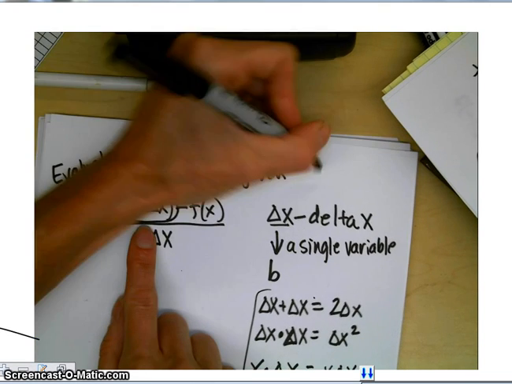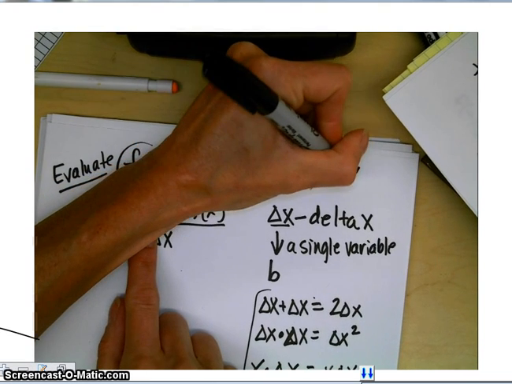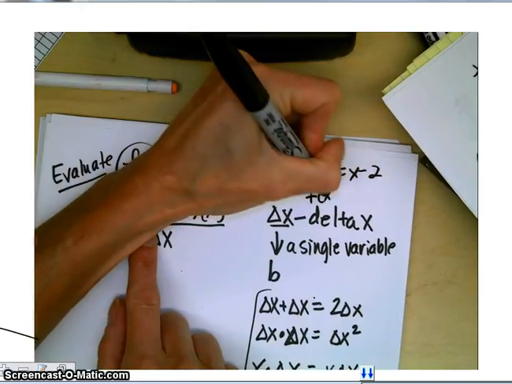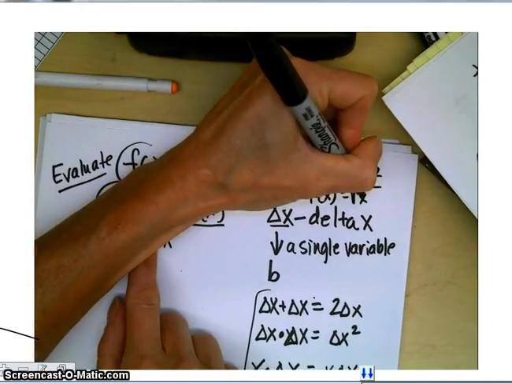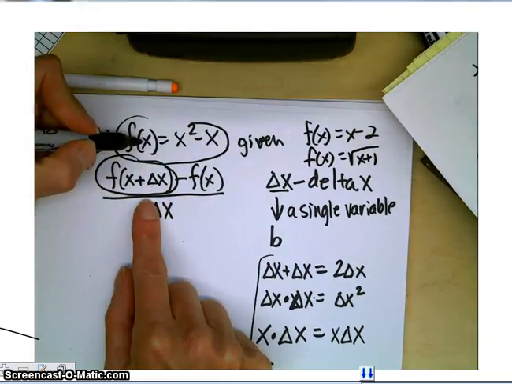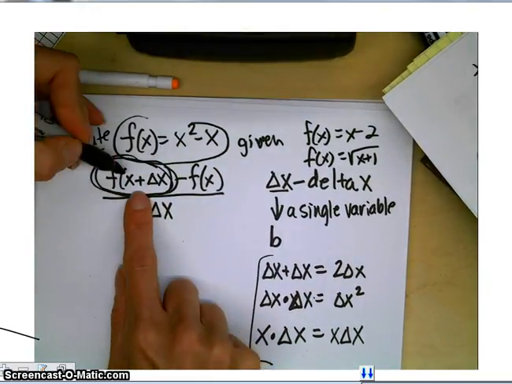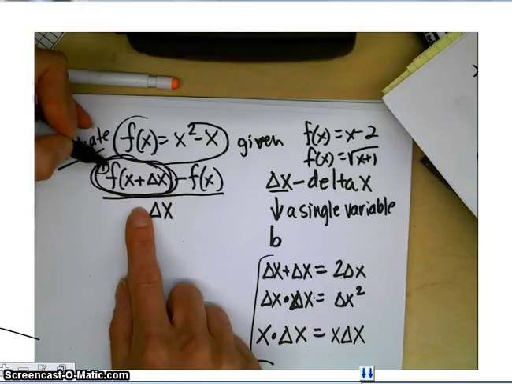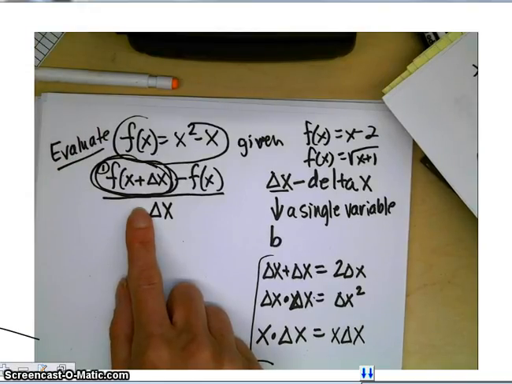Your f of x might just be something like x minus 2. Your f of x might be something like the square root of x plus 1. So depending upon your f of x, this will be different. This you find first because it's the hardest, the ugliest. Get it out of the way.